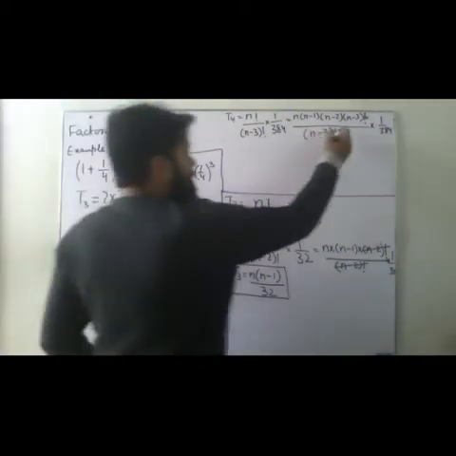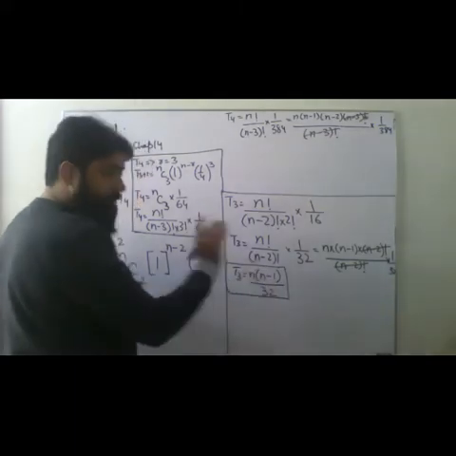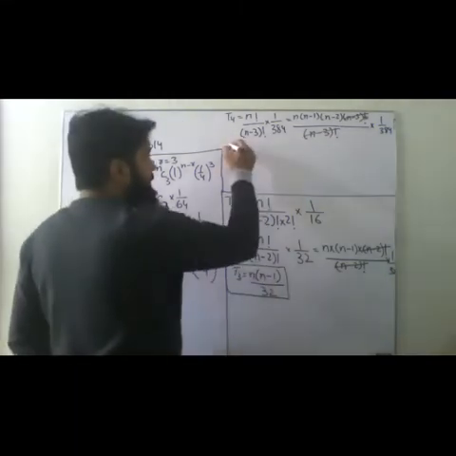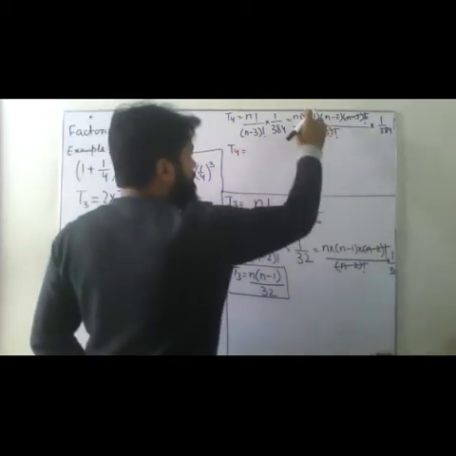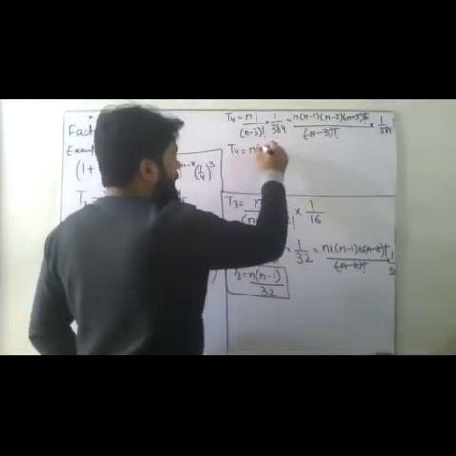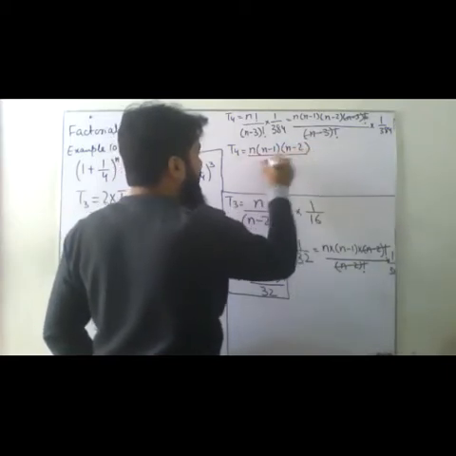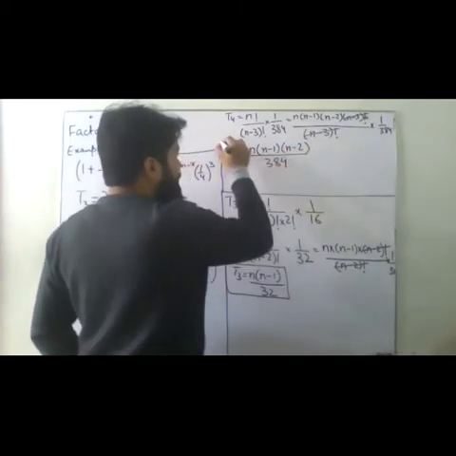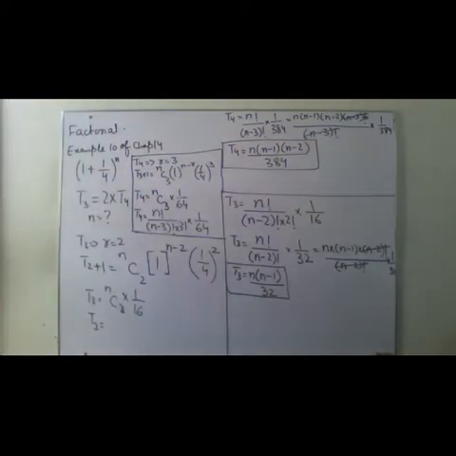This will be cancelled. See, I haven't multiplied these two over here, I've kept it like this. The same thing I'm going to do over here. T4 equals n minus 1, n minus 2 over 384. That's your T4 value, right?